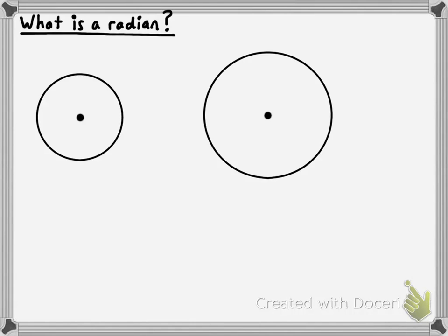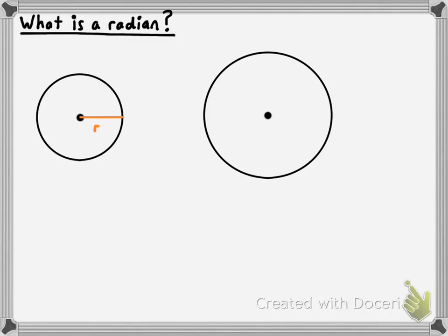Okay, well, there's a very specific definition for what a radian is, and I'm going to teach that to you right now. A radian is simply the size of an angle, the size of a central angle in a circle, which intercepts an arc that is exactly the same length as the radius of the circle. Now you see I've drawn a radius of the circle, and what I'm going to do is create an angle that's going to intercept an arc of the circle, and the length of that arc is going to be equal in length to the radius of the circle.